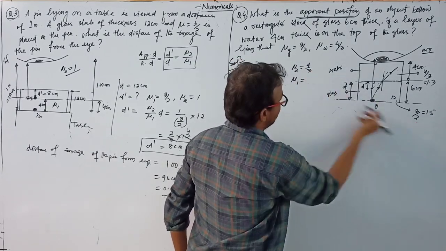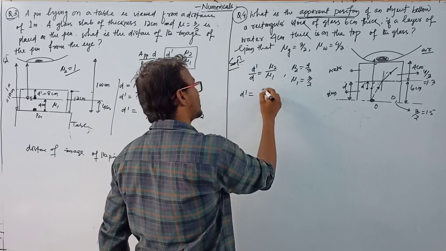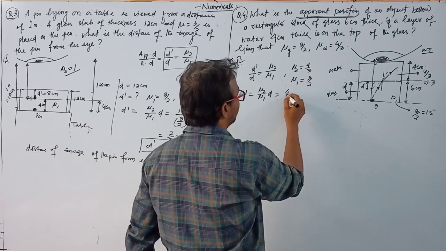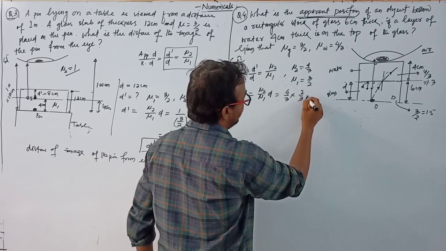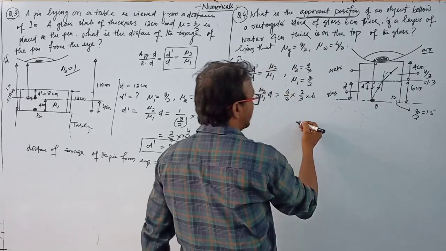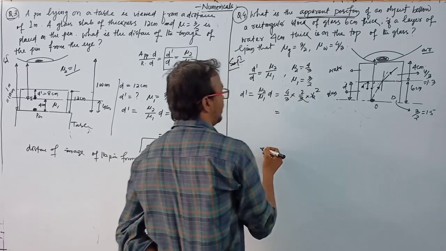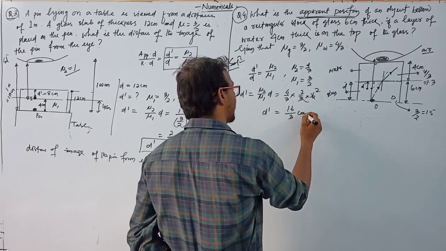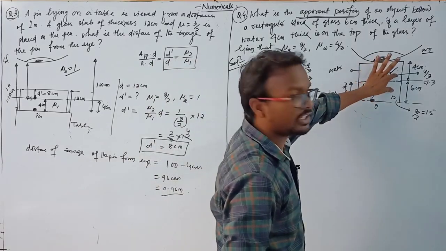Similarly mu1, the medium in which the incident ray travels, is 3/2. So d dash is equal to mu2 by mu1 into d, that is 4/3 into 2/3 into d, and the value of d is equal to thickness 6 centimeter. Clear? So 3 into 6, then 2 into 4, that is 16 divided by 3. So this is d dash in centimeter. Clear? This is apparent depth for these two media.